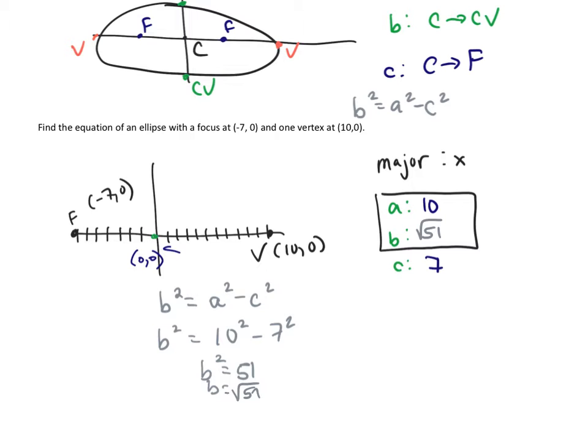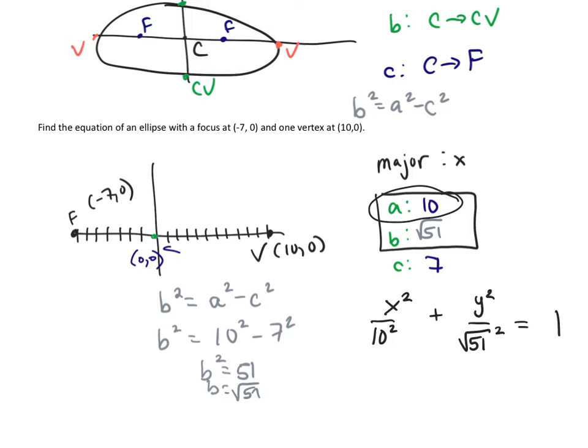But since my major axis is the x-axis, when I write my ellipse centered at the origin, x squared and y squared equal 1, I'm going to put the a, which is my bigger number, under whatever the major axis was. In this case, that's x squared. So I'll put 10 squared there, and then under y, I'll put the square root of 51 squared.